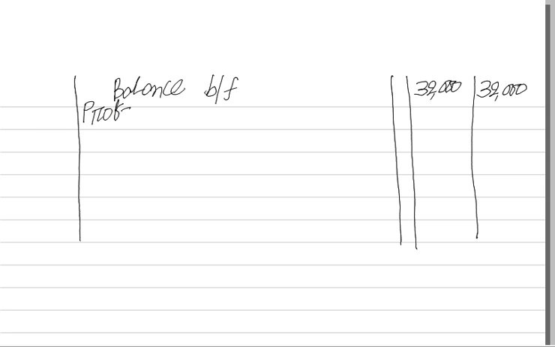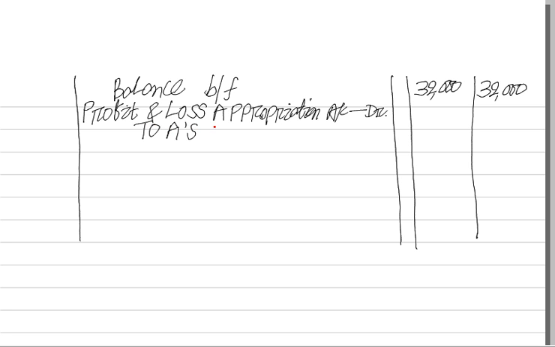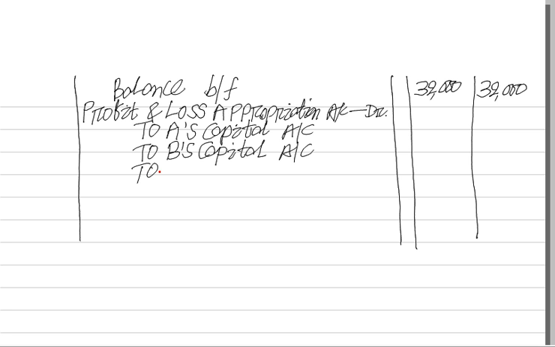Profit and loss appropriation account debited to A's capital account, to B's capital account, to C's capital account.